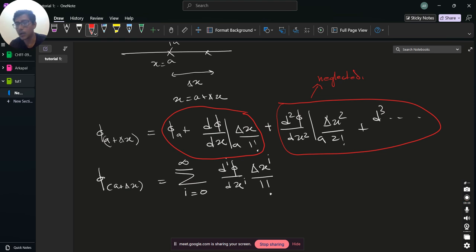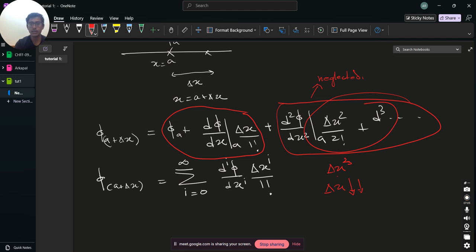So you might wonder why these terms are neglected, because if you see that as we go ahead in this series, this delta x gets multiplied. Okay, it gets squared, then cubed, to the power 4. So if your delta x is very small, then all these terms will become negligible.